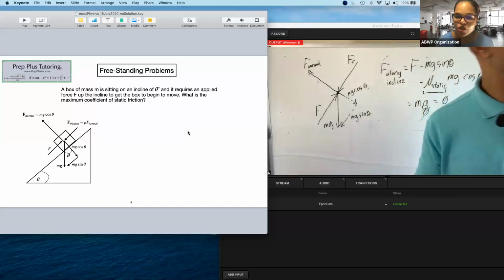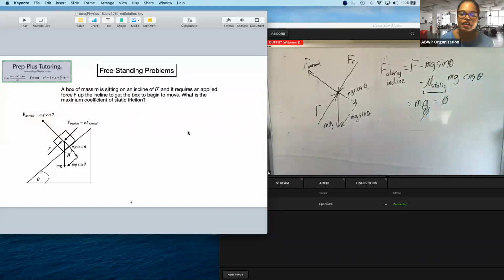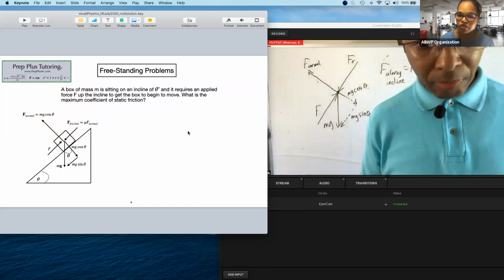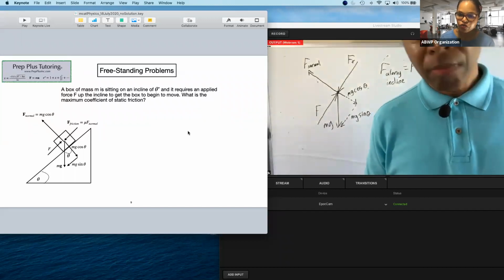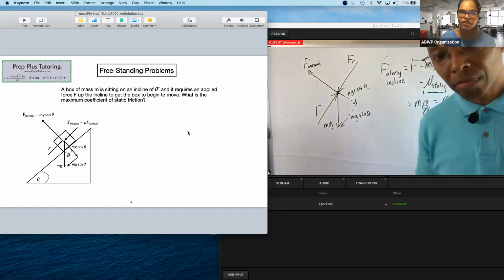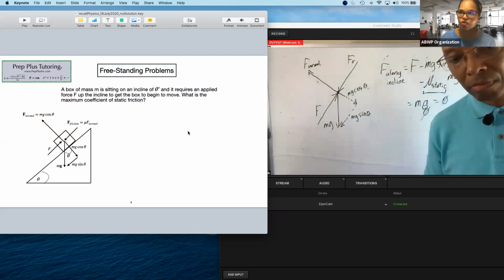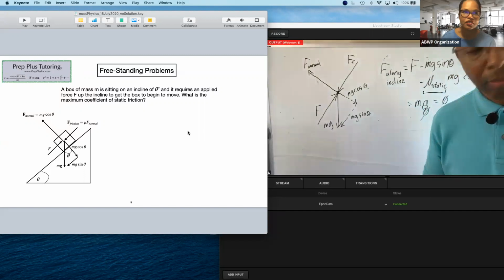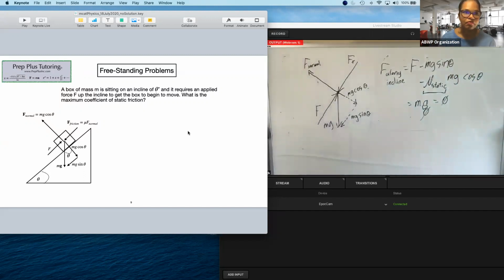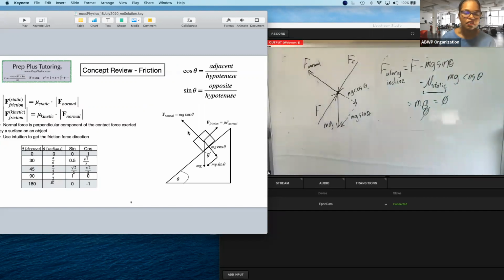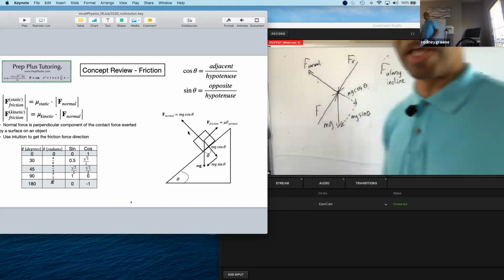So I have a question from a student. They're asking, is static tension mg cosine theta, is that one of those formulas that will be given, or is that something that everyone should know as just one of the principles? Thank you very much for that question.